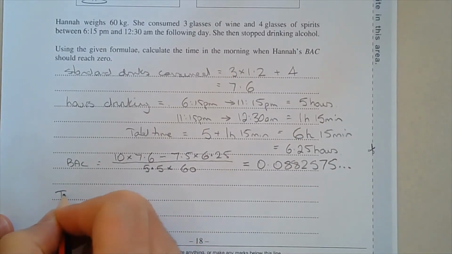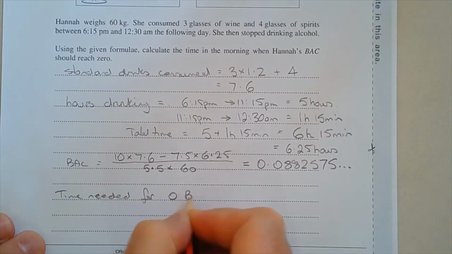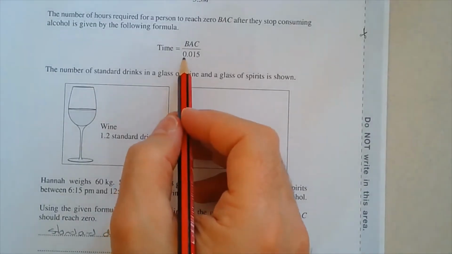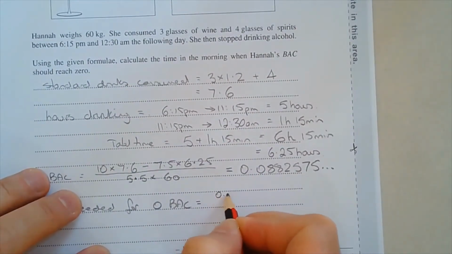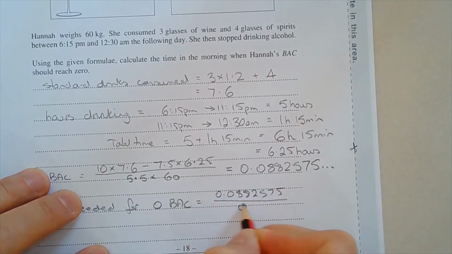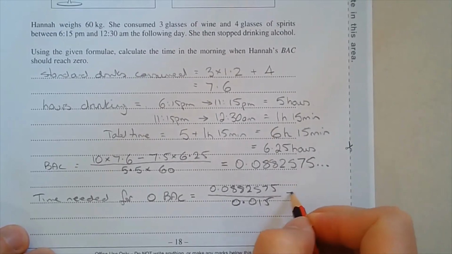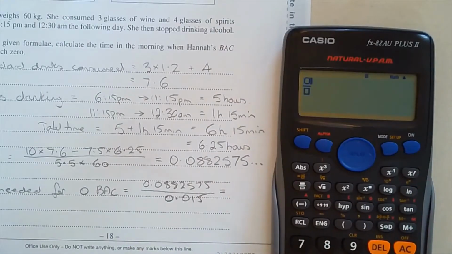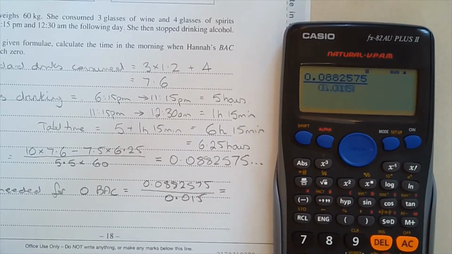So the hours time needed for 0 BAC is equal to, and we're going to use this formula here, so BAC 0.0882575 over 0.015.